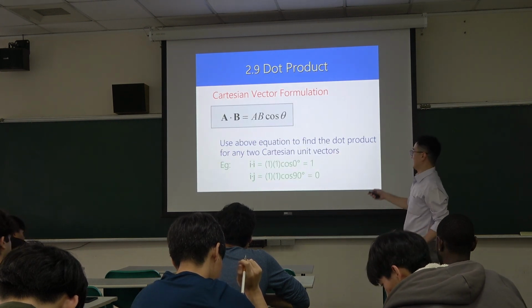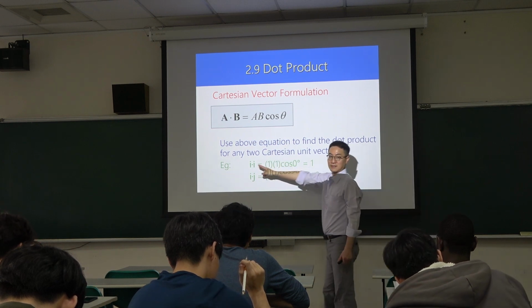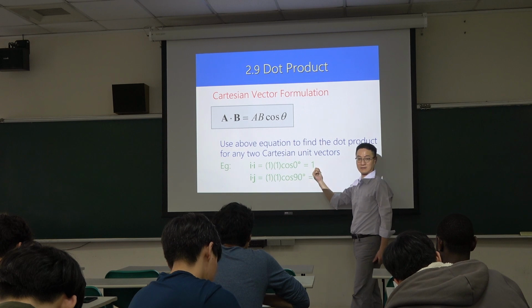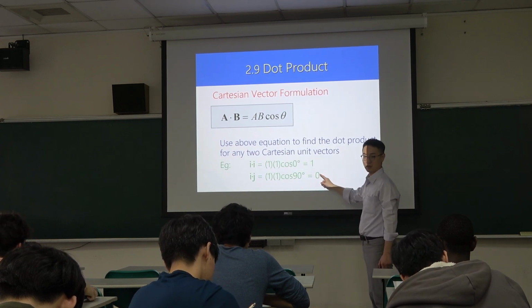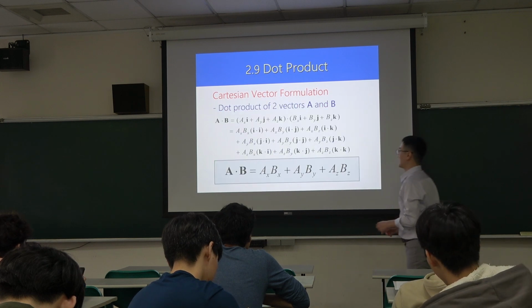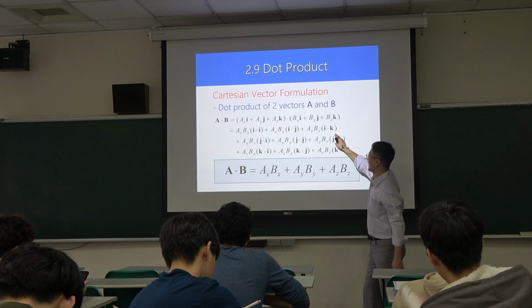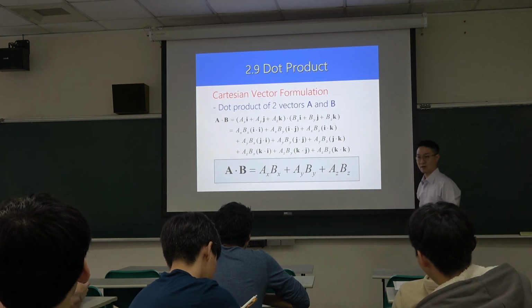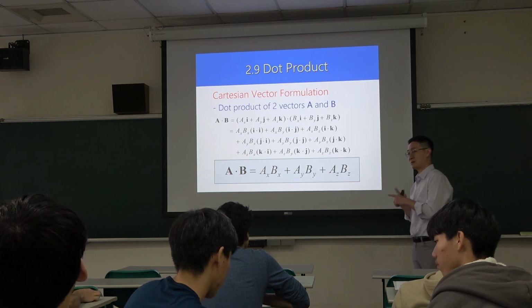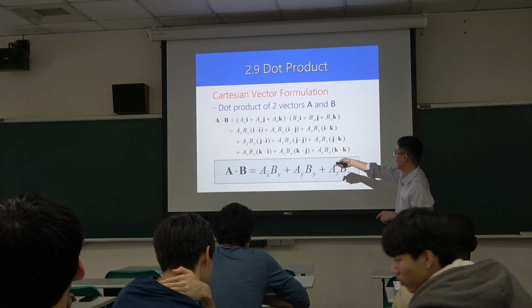Then from what we learned here, only the same direction can give us a certain value. If they are perpendicular, they should be 0. So like this one or this one, those should be 0 because they are perpendicular to each other. I'm talking about this component.